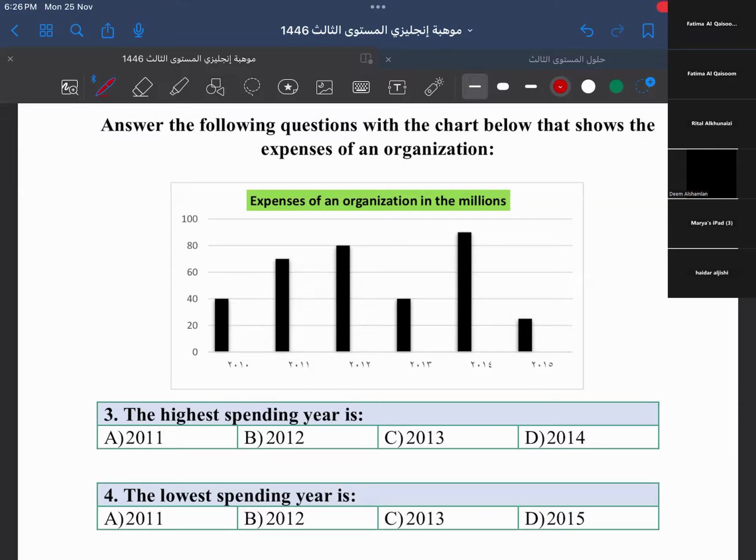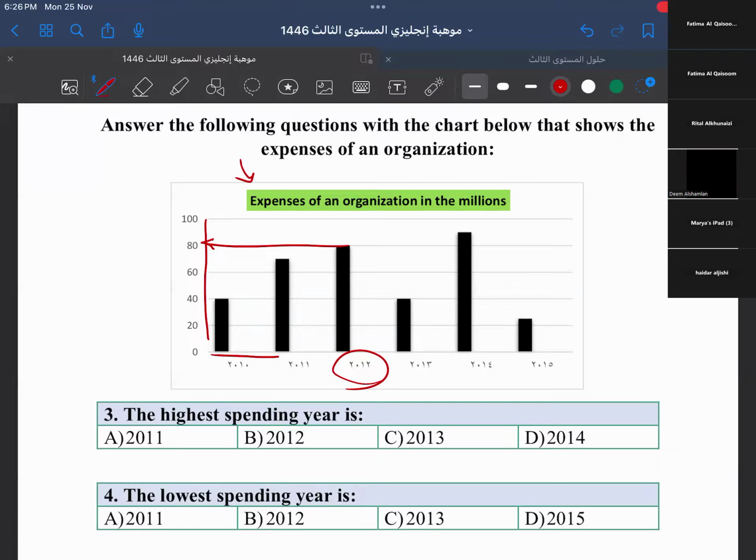And we know that here is the title of the graph. Here is the y-axis, and this is the x-axis. And if I want to know, for example, in 2012, I'm going to see what is the number in the y-axis. So that's simply a brief idea of how to read a graph.